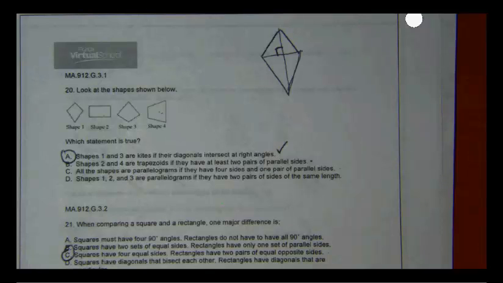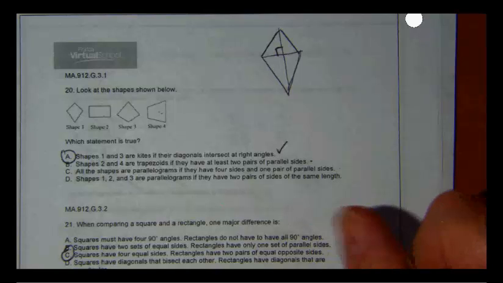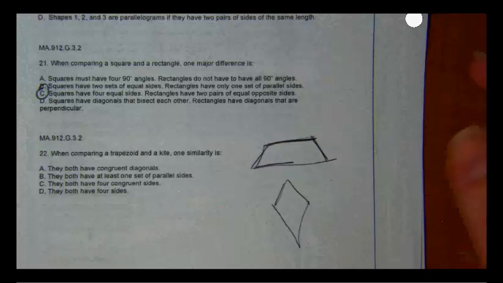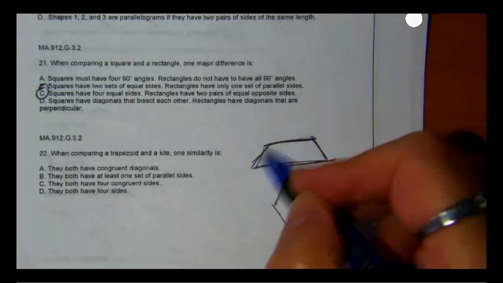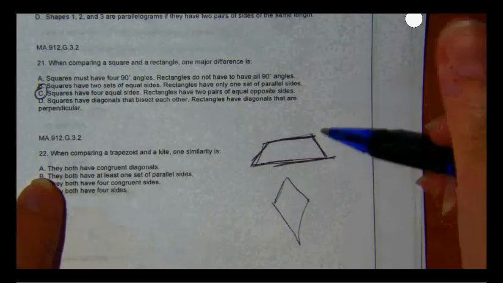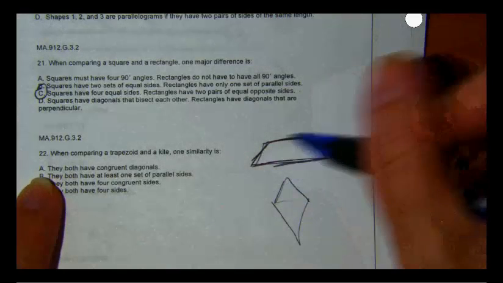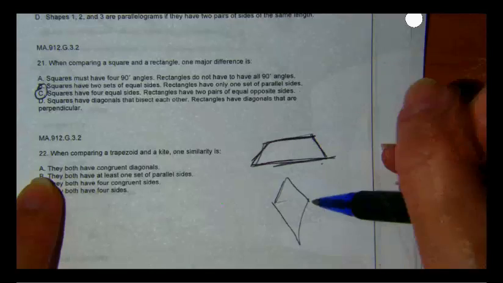Okay. Comparing a trapezoid and a kite. Trapezoids have congruent diagonals, but kites don't.